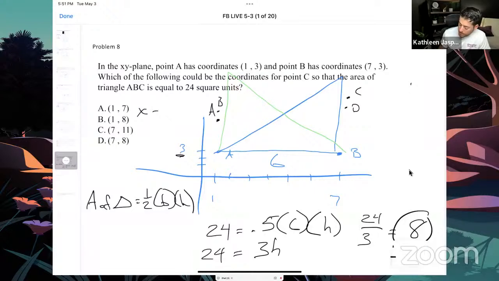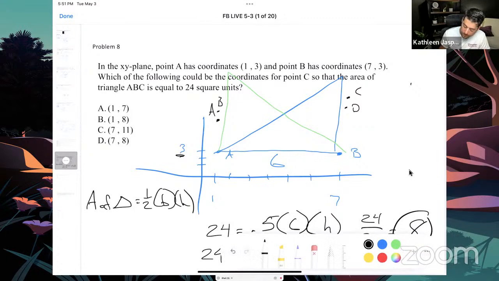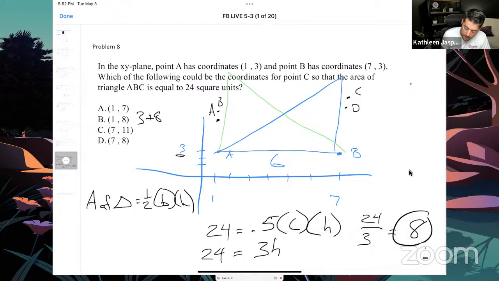No, let's do this. I'm sorry. I'm thinking 2 different ways here. Let's just do that: 3 plus 8. Sorry, I've got 3. So 3 plus 8 is going to equal 11.